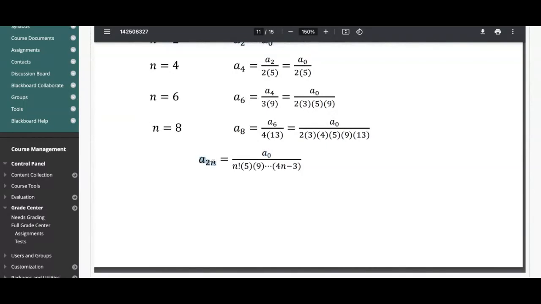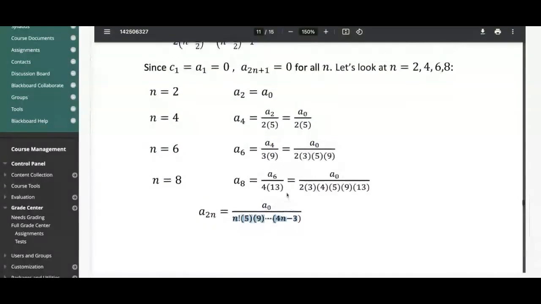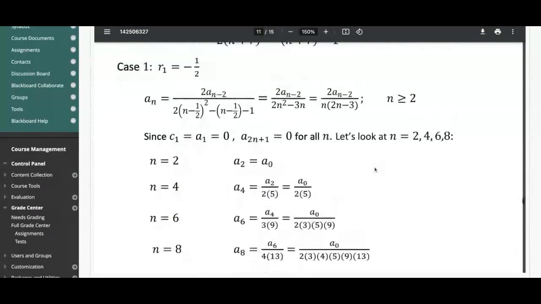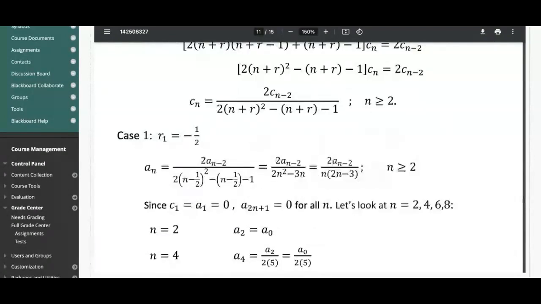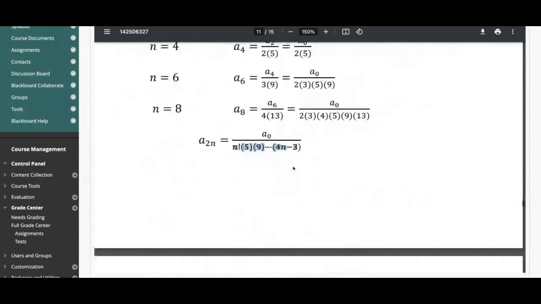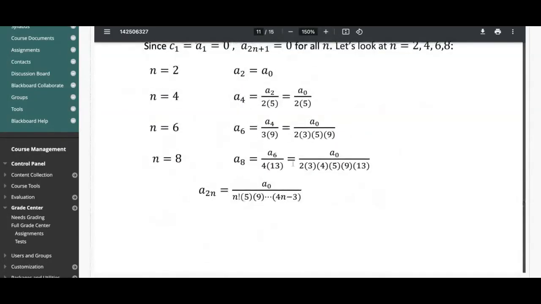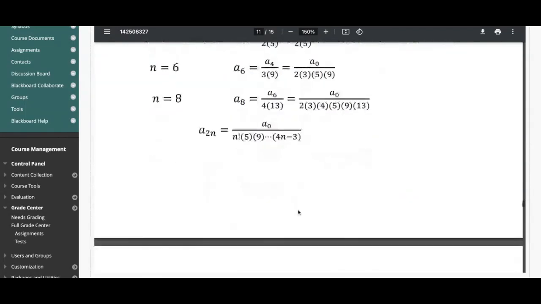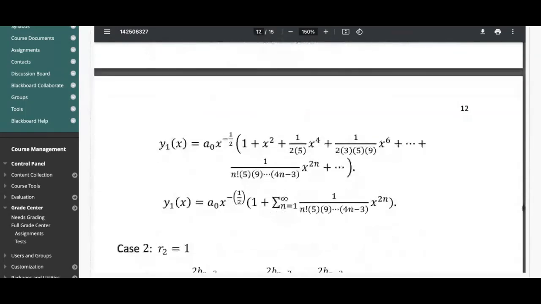So we find that the 2nth term has a relation with the first term. What's the relation? The relation is 1 over n factorial with this. So, in the final exam, if I have to test you using the Frobenius method, probably I have to make a simple one, not so complicated, right? Because this takes time. For homework it is okay, but for an exam, it takes too much time.